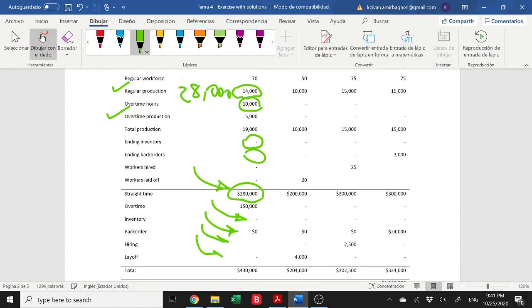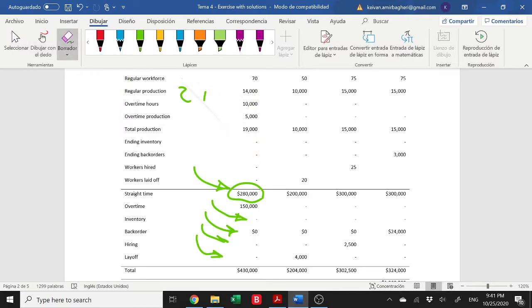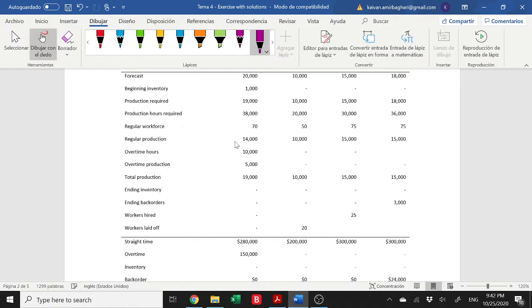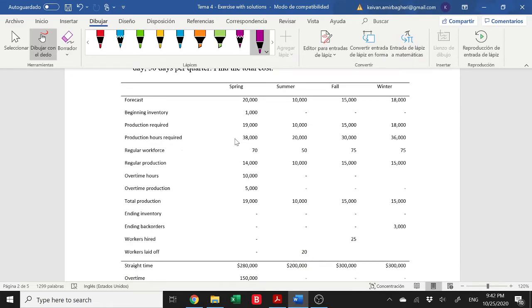No and no. So the total cost that happens in spring is the summation of straight time hours and overtime hours, that is $430,000.